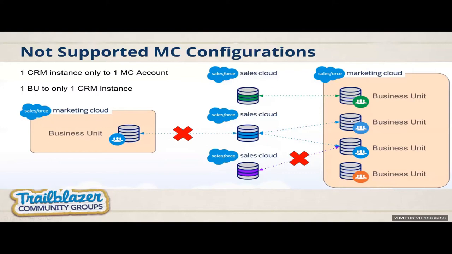It can only connect to one of them. You can still connect one Marketing Cloud to two different BUs. That is fine, but the other way is not possible. You cannot connect one BU to two different Sales Cloud or CRM instances. It can only take one CRM instance at a time. So you need to be very careful and know how to connect different Marketing Cloud configurations with CRM instances.